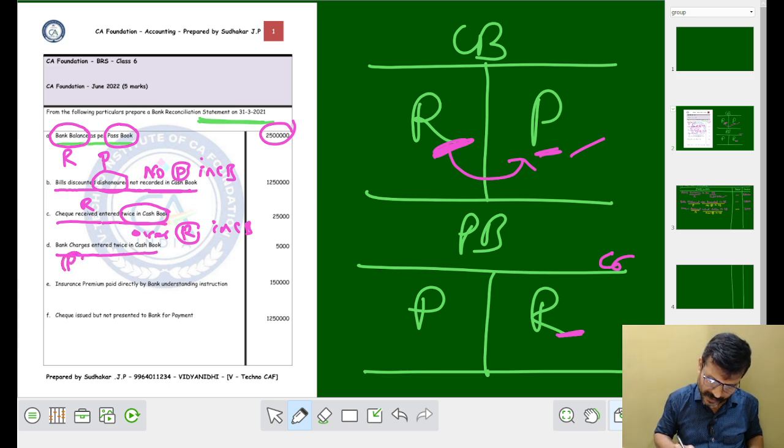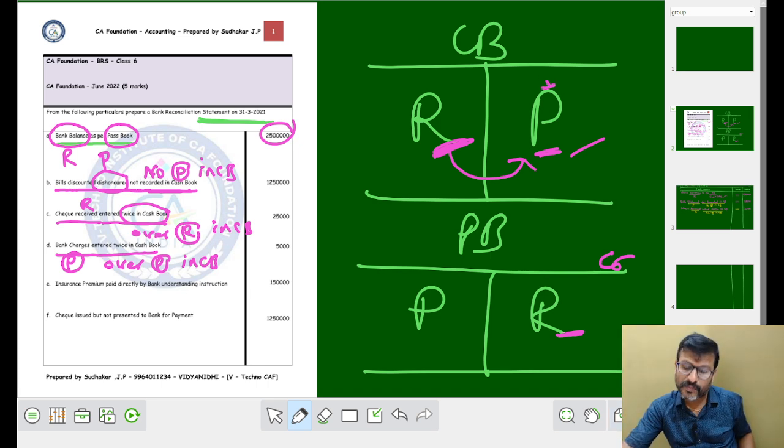Next, bank charges entered twice in cash book. Bank charges means payment. Twice in cash book means overpayment in cash book, means over credit in cash book, it is to be taken in debit side.